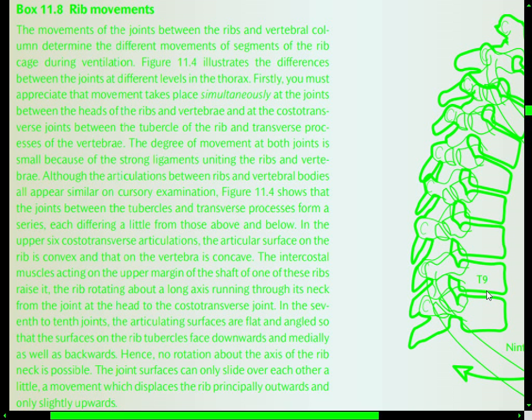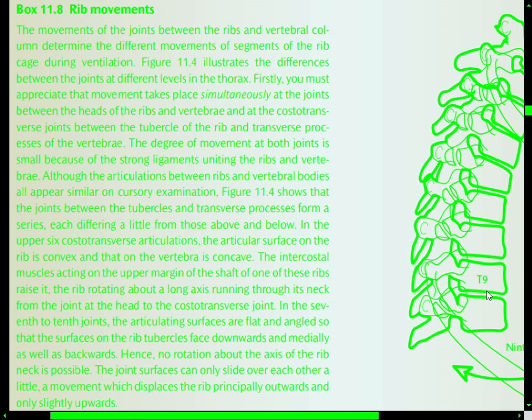In the 7th to 10th joints, now that we have finished the first to 6th joints between ribs and vertebrae, the articulating surfaces are flat, not convex and concave.